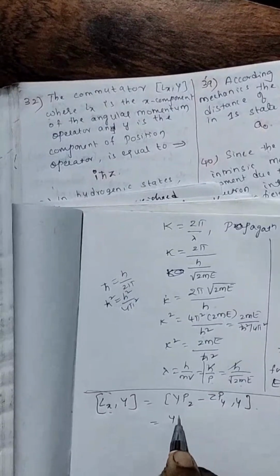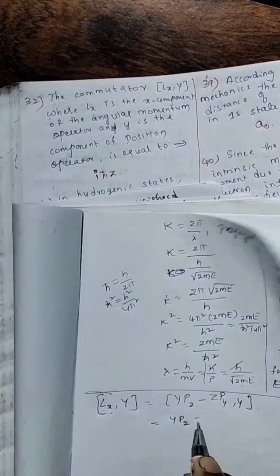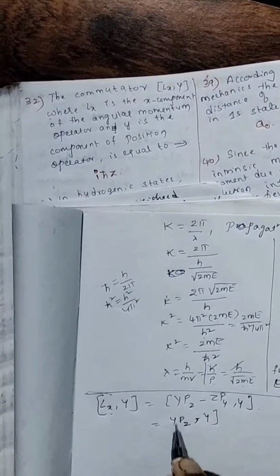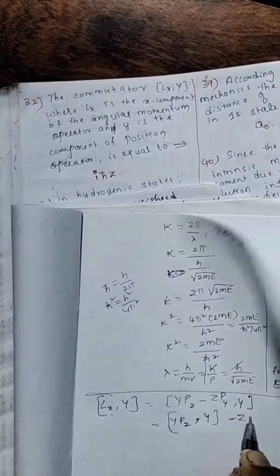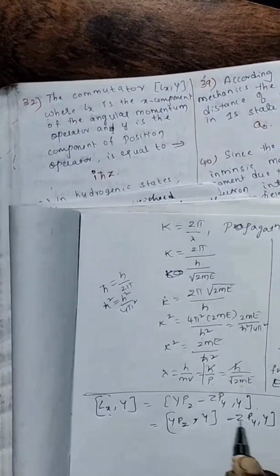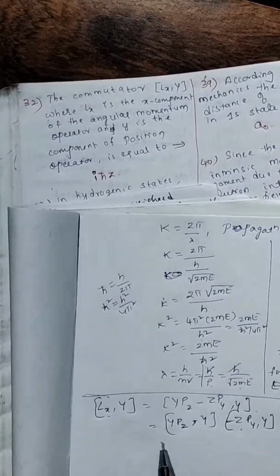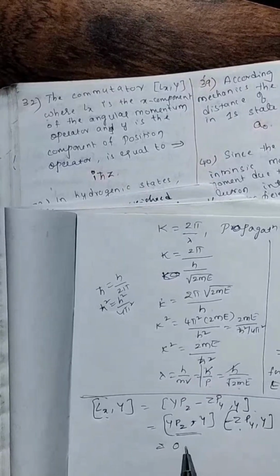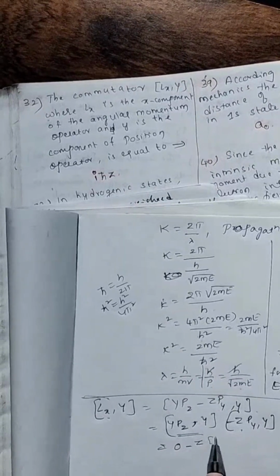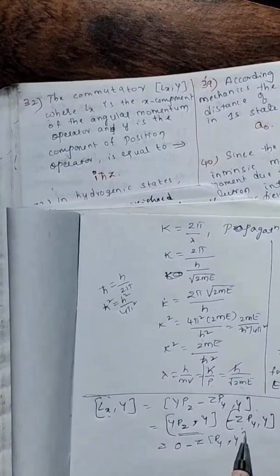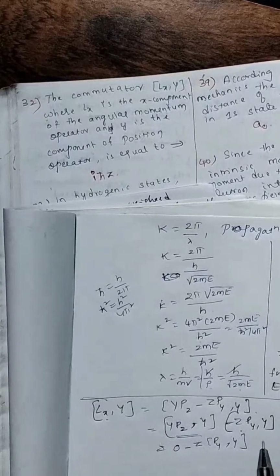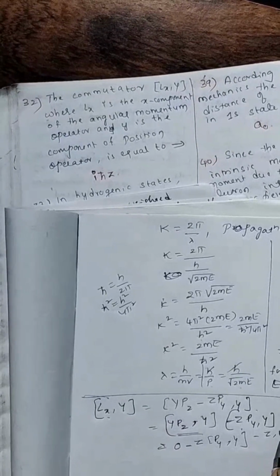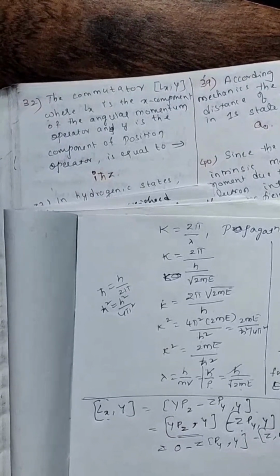That we can write as y pz comma y minus z py comma y. So this value will be equal to 0 minus z py comma y, minus z comma y py.